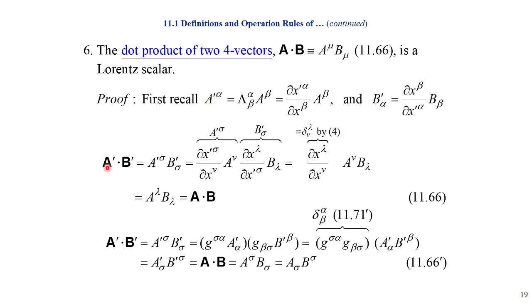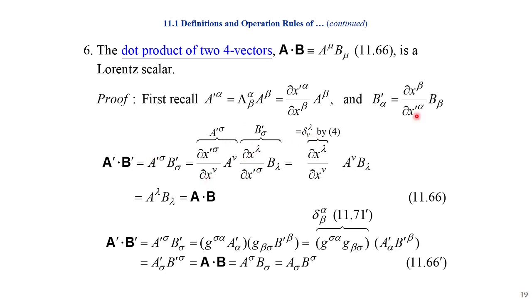So the inner product of two 4 vectors, A prime sigma, B prime sigma. Maybe we should use alpha. Alpha, sigma, it doesn't matter, the same, just notation.